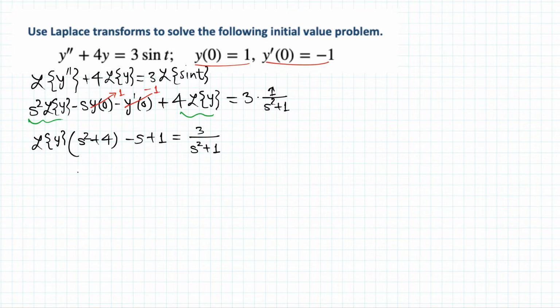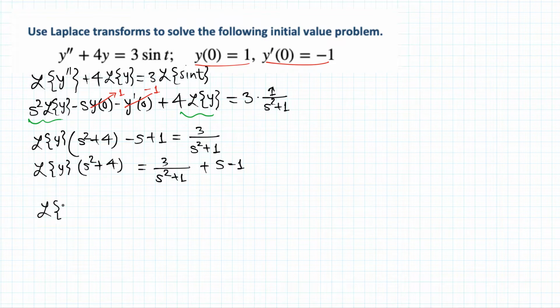Now we want to isolate Laplace of y, then take inverse Laplace to recover y. Solving means finding y as a function of t. Move these two terms to the other side. So Laplace of y times s squared plus 4 is equal to 3 over s squared plus 1, plus s, minus 1. Now we want to divide, there are 3 terms, by this factor s squared plus 4.